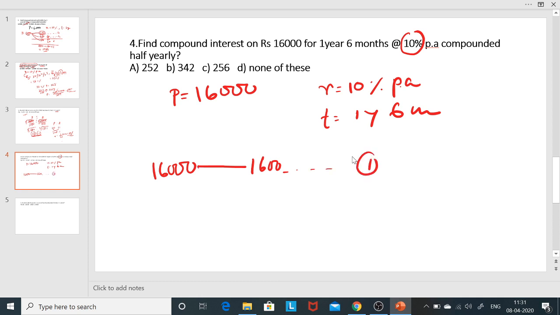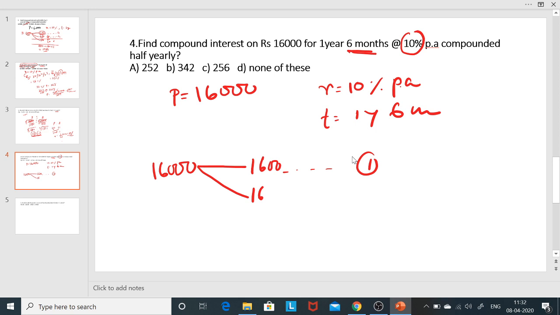Now for the second year, you see, you are not going to have 10%. Why? Because the time is only for 6 months. So if the time was for 1 year, then you got 10%. For example, if you put your rupees 100 with your bank, for 1 year the bank is supposed to give you rupees 10. But how much is the bank supposed to give you in 6 months? Is that rupees 10?